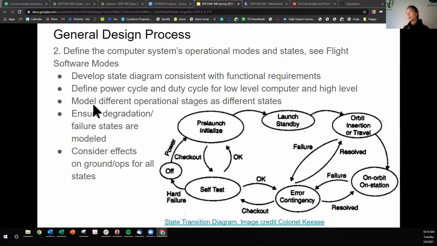You can model different operational stages as different states. Your concept of operations will give you operational states or phases, and you can formalize this as distinct states, where a distinct state would be, say, one of these bubbles.